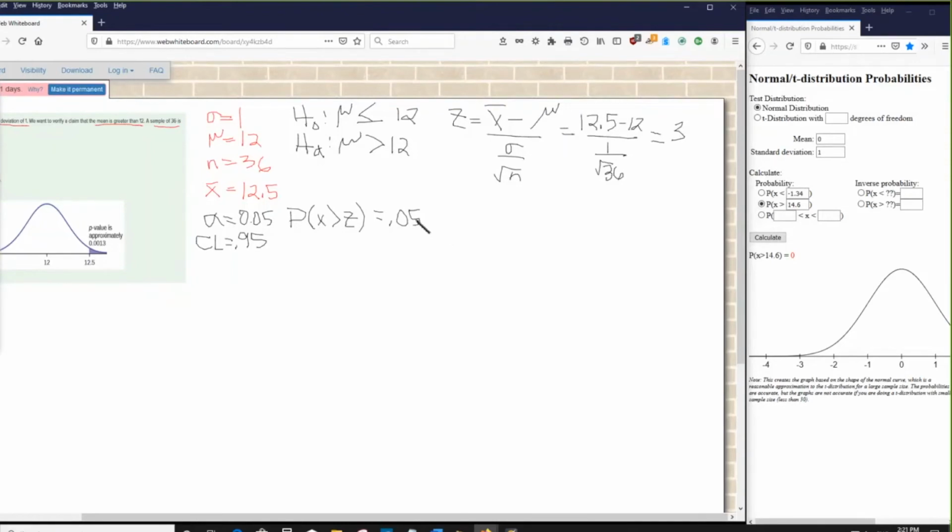So I want to see if this probability is going to be greater than 0.05 when I have a mean of 0 and standard deviation of 1. And you can see on this graph, I think I need to move this over a little bit.